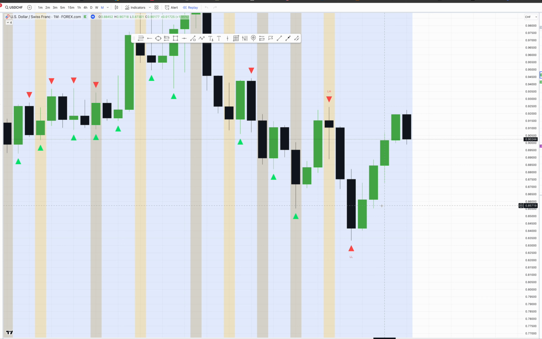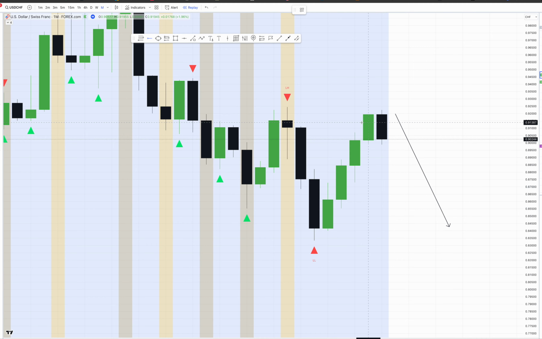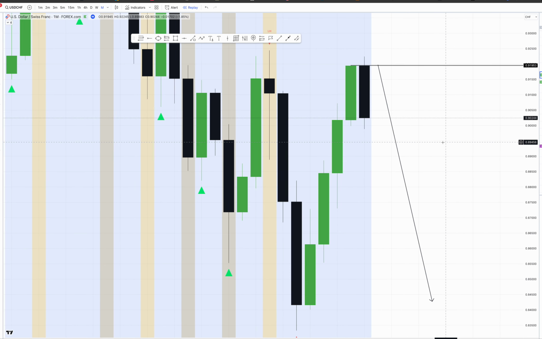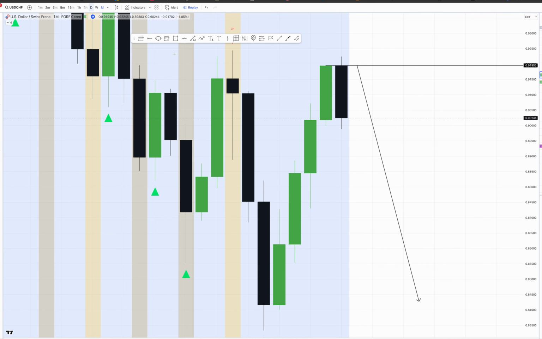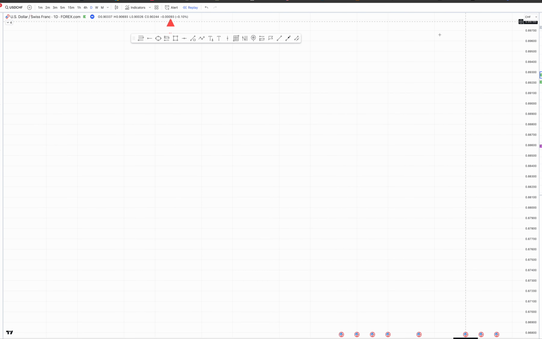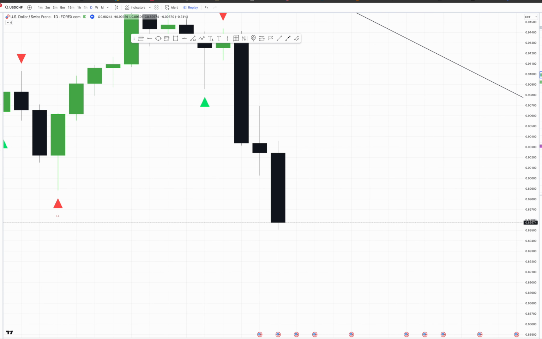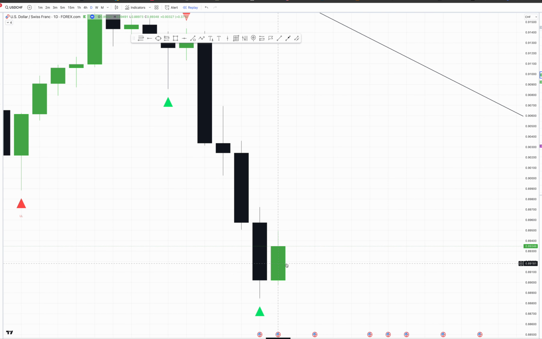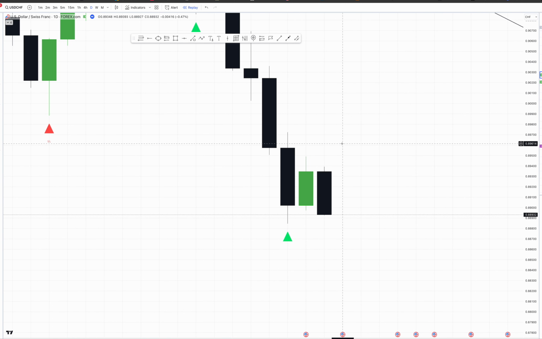So in this instance, I'll be bearish. Day chart. Very, very simple. All I'm doing is looking for a bearish rejection block, right?